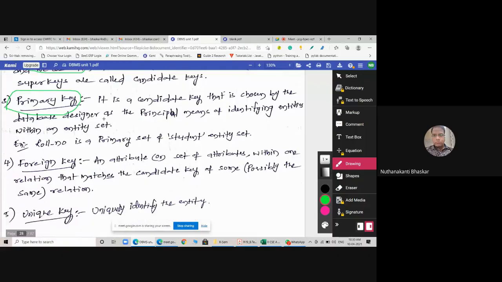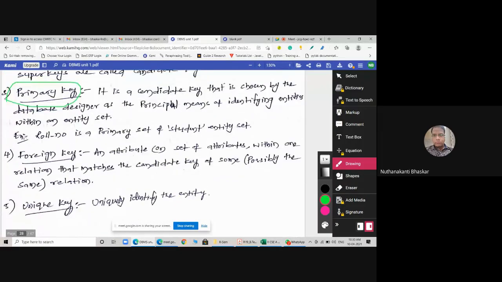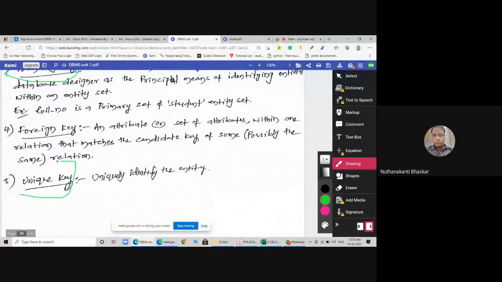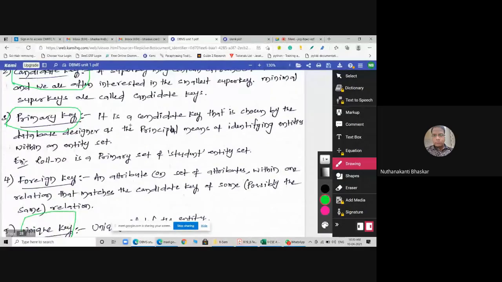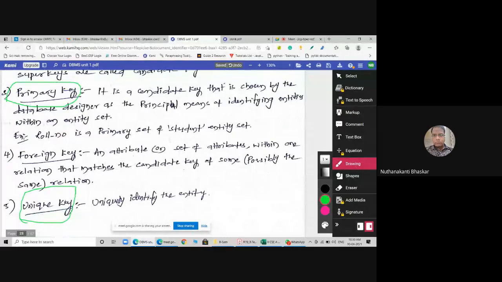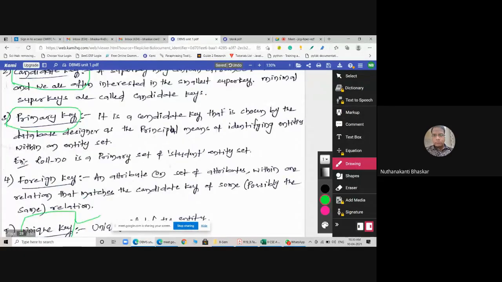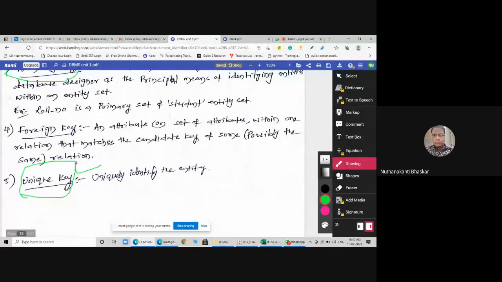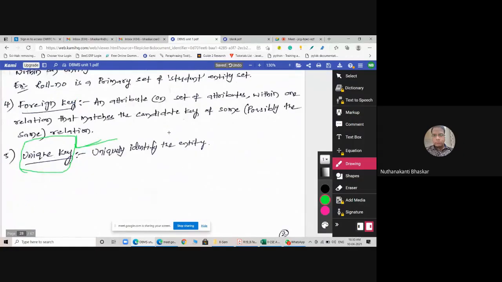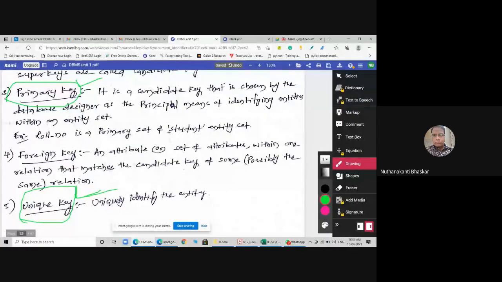Along with the primary key, there is also a unique key. What is the difference between the primary key and the unique key? The primary key allows only unique data, and the unique key also allows unique data. But we can allot only one attribute as a primary key, whereas you can allot more than one attribute as a unique key. If you take a student table, the student hall ticket number is the primary key, and you can add email ID, Aadhaar number, and PAN number.